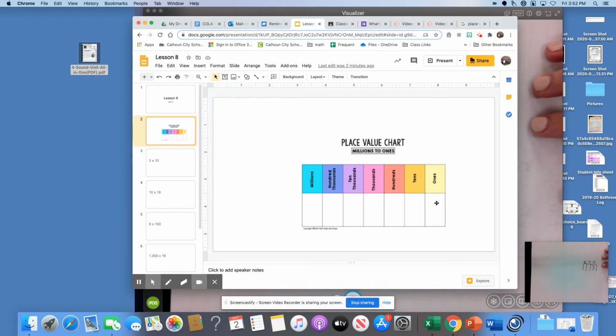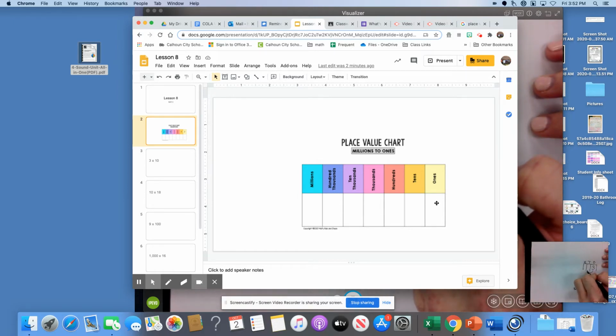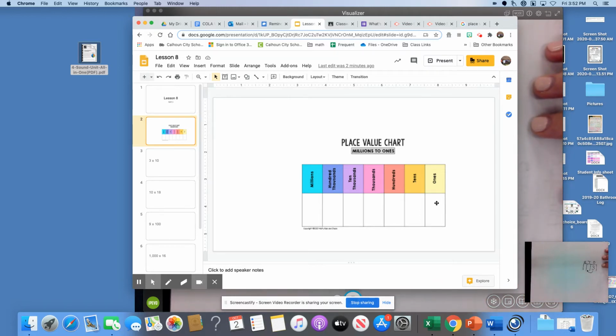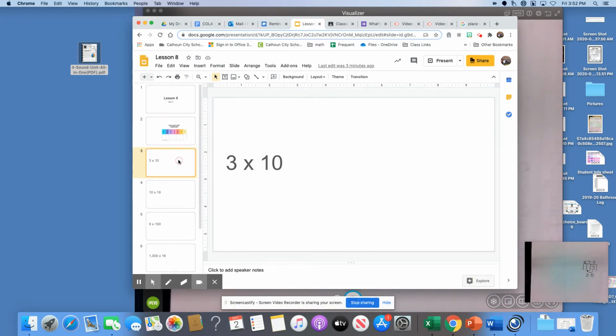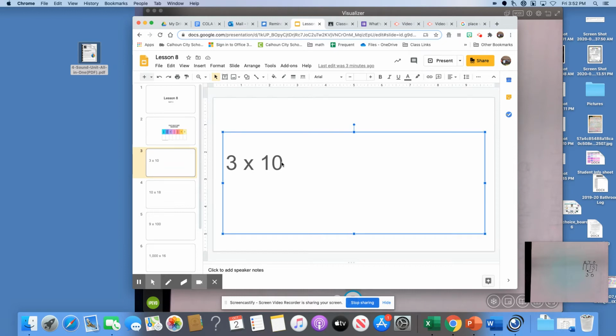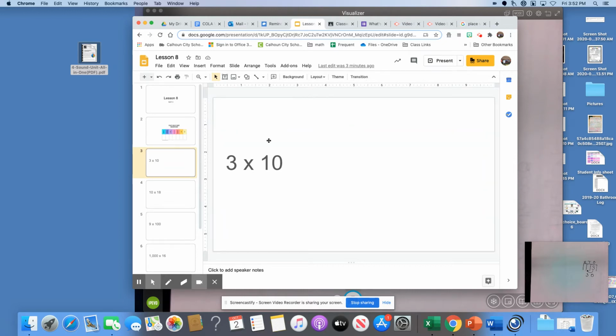Now, anything times 10 moves to the left of that place value chart. So my 3 is now 30. So that's what we're going to use our place value chart for. So if you got 30 as your first answer, great job.